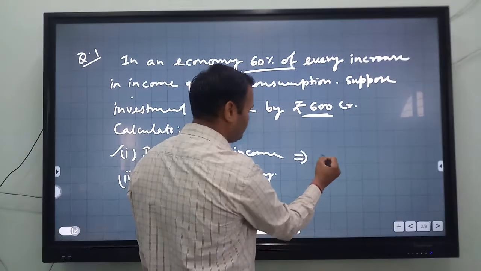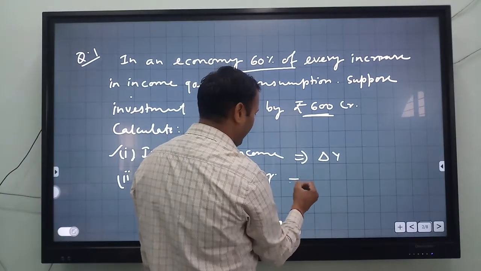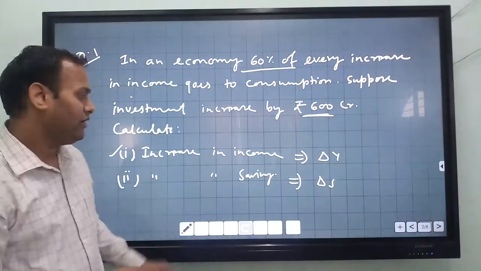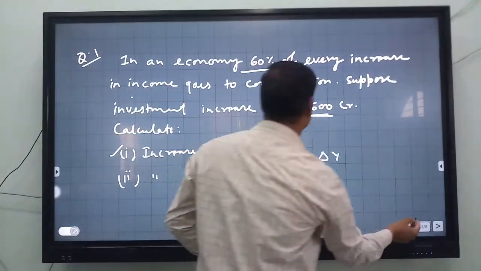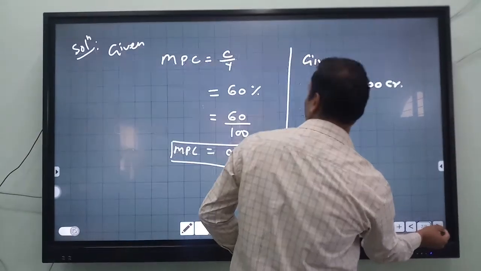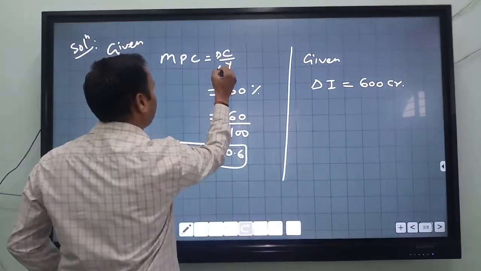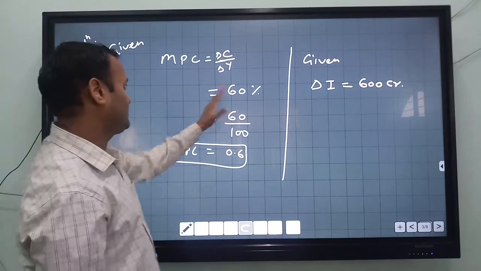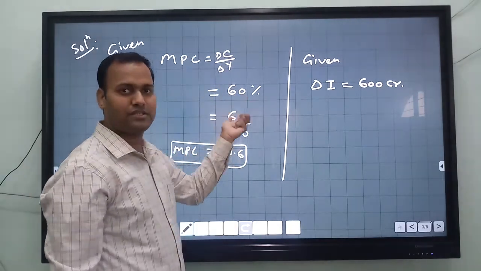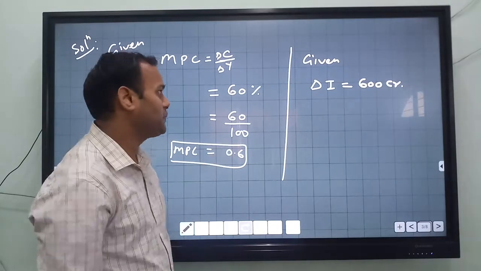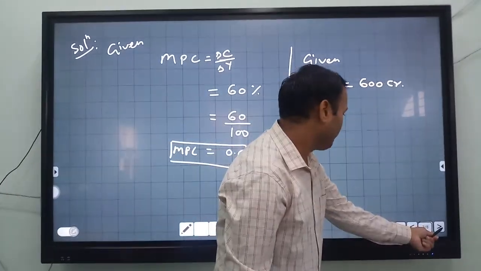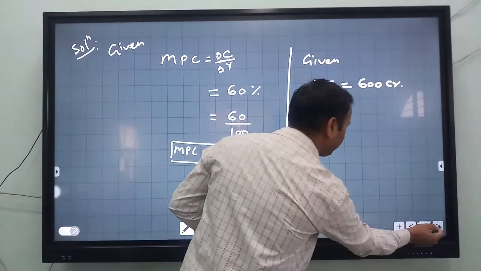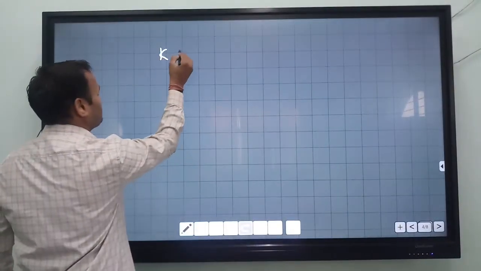So increase in income is delta Y and increase in saving is delta S. Two things we have to calculate in this question. Here you can see MPC is equal to delta C upon delta Y. So that is 60 divided by 100, that is 0.6. Now we have to calculate K, meaning investment multiplier.